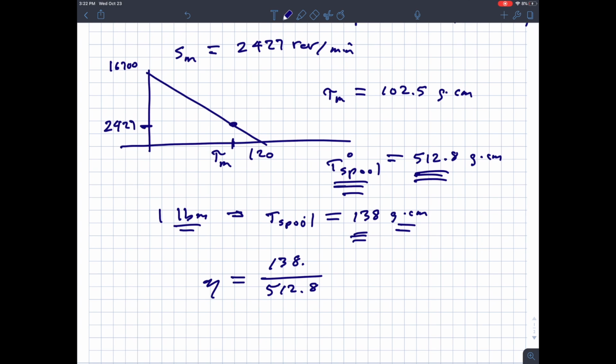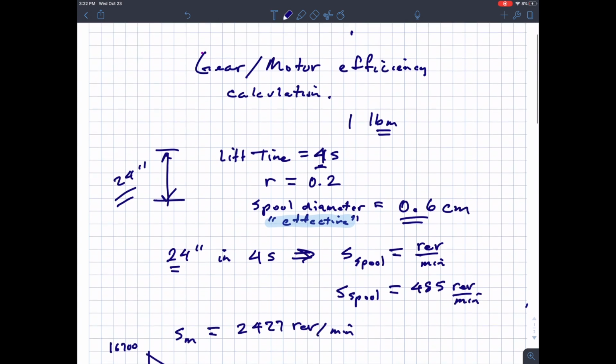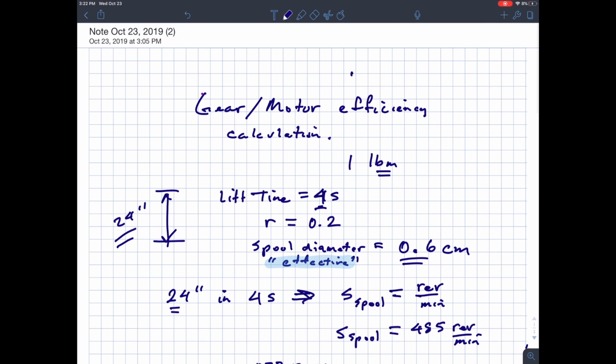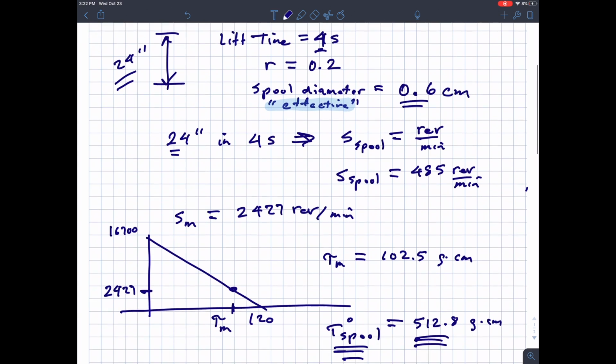Okay, so when I do that, I get, in this particular case, 0.27 as the efficiency of the gearbox. I just made up these numbers, and so yours might be less than 0.27. Okay, but I'm just trying to walk you through the kind of calculations I'd like to see.